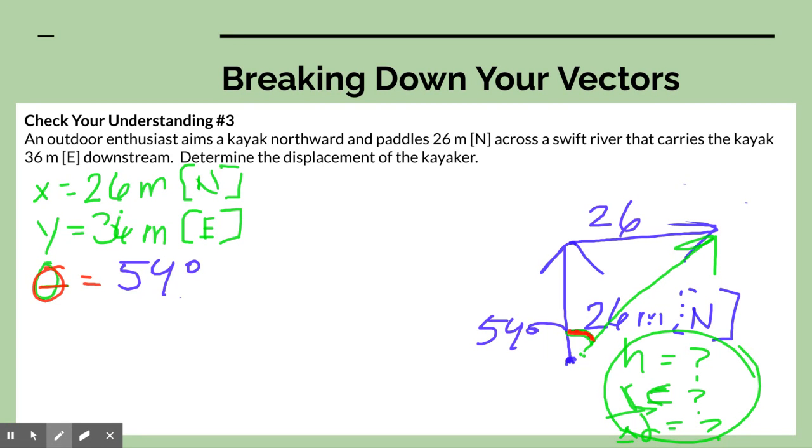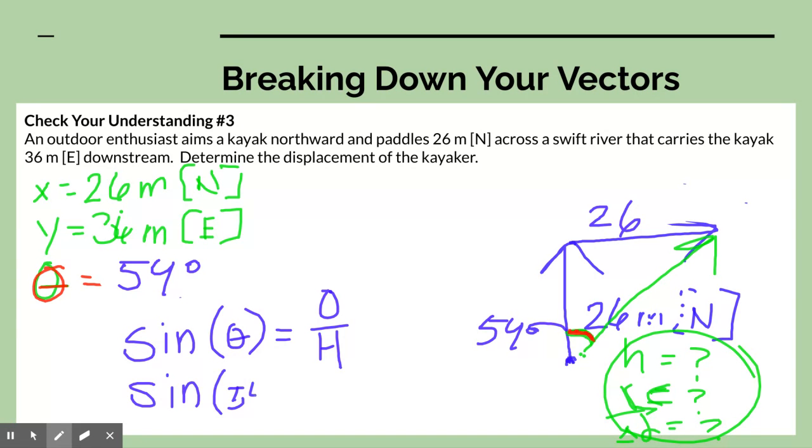So we could do sine of theta is equal to opposite over hypotenuse. That's going to be sine of 54 is equal to 26 over h. Because we are whizzes at algebra, we know we can just swap the h and the sine 54.